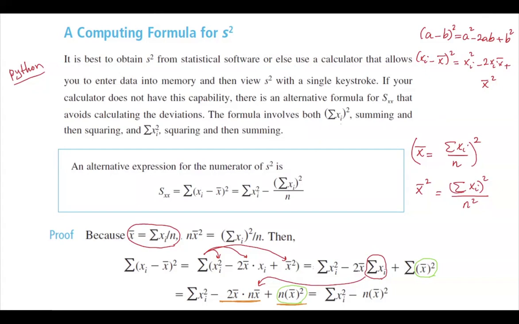So we just showed that the summation of xi minus x bar to the second can be written as the summation of xi to the second minus n x bar to the second, or you can simplify this and write it nicely as the formula, as you can see just right here. They are equivalent to each other.